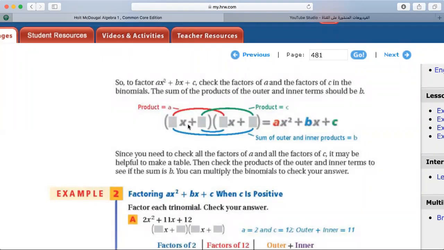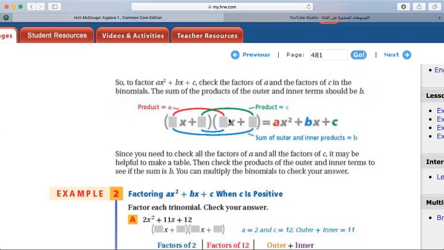Highlighted in green are the products of c. Outer, sum of outer and inner products. I will not just add, I will multiply the outer and multiply the inner and add them together.